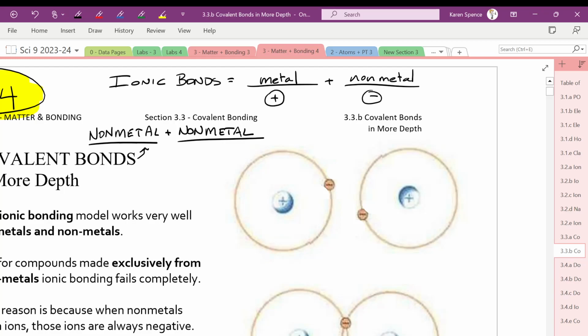There you go. Jade? Hydrogen. How do we know that? Because it has one proton and it has one electron. So we have a hydrogen atom and we have a hydrogen atom.